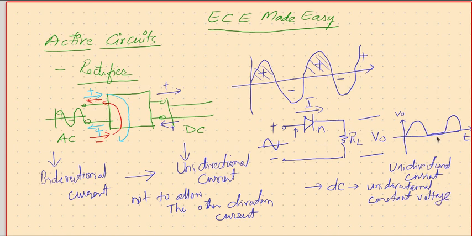No, the voltage is changing with time. For half a cycle it is changing sinusoidally, for the next half cycle it is zero, the next half cycle sinusoidal, the next half cycle zero, and so on. The only thing is that no reverse current is allowed. Only forward current is allowed, and hence you can call it unidirectional current.